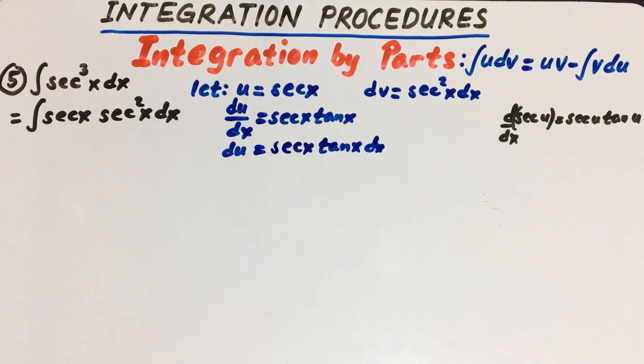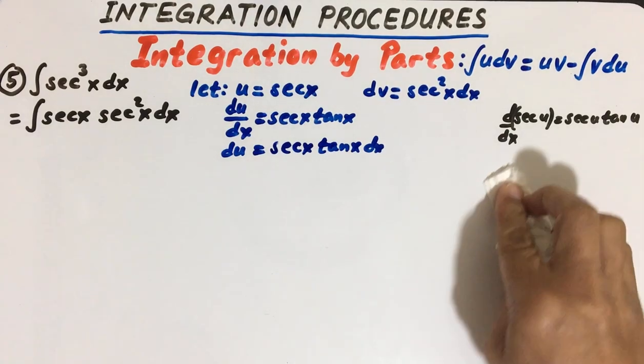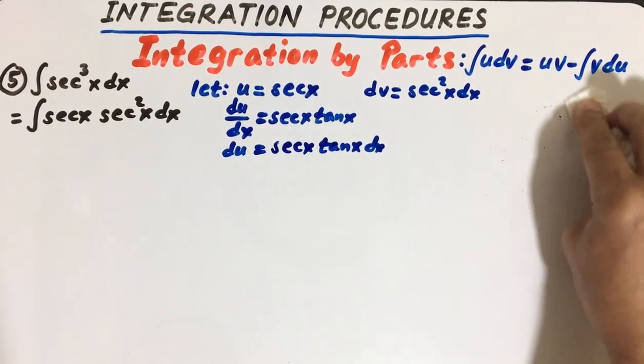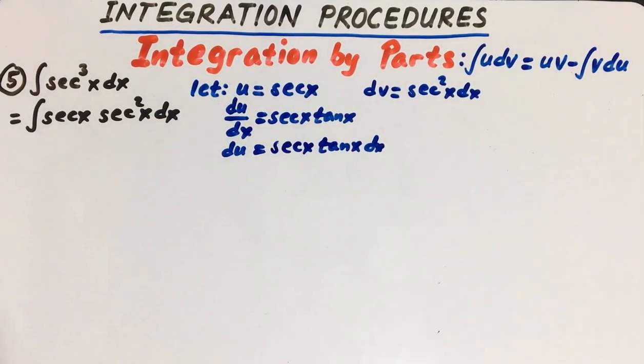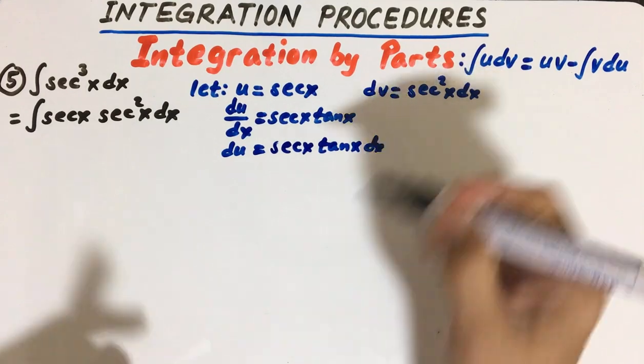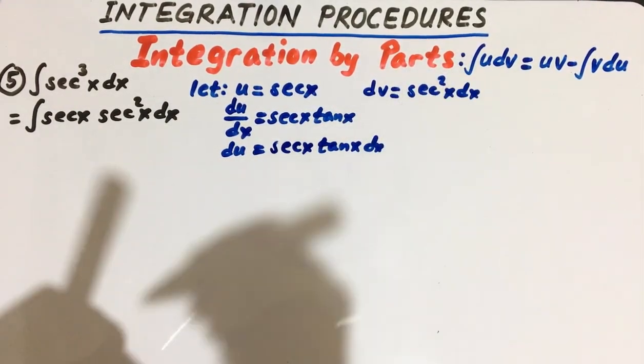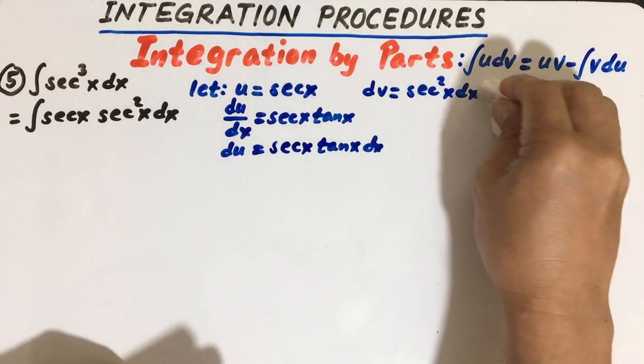Then how about our dv? Our dv is equal to secant squared x dx. Now to solve for our v, we have to integrate both sides of this equation.